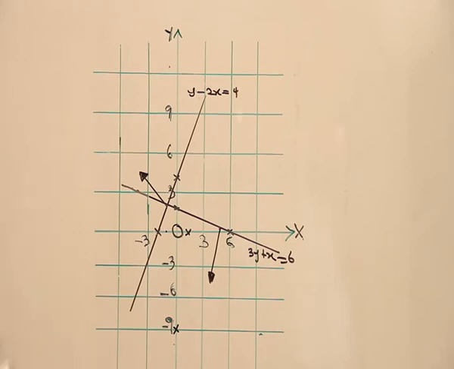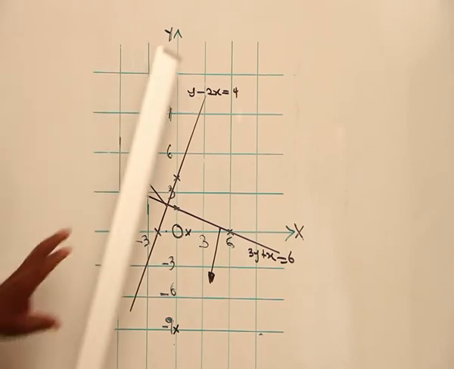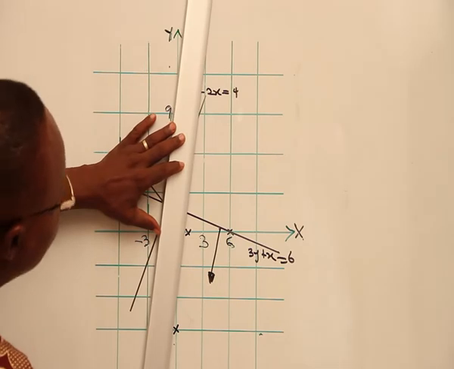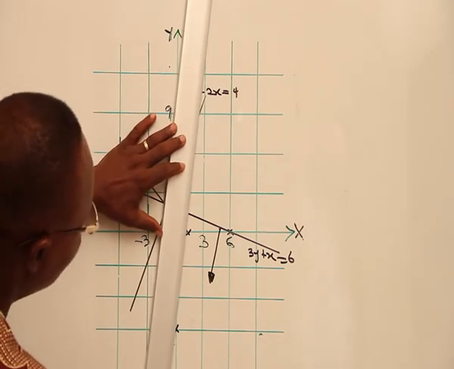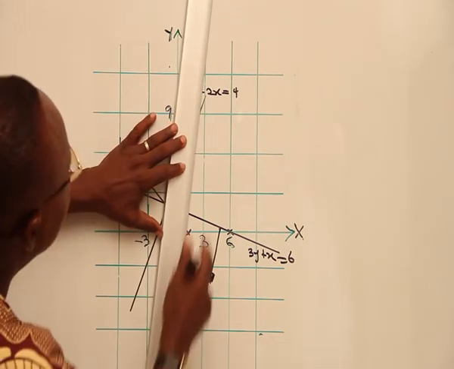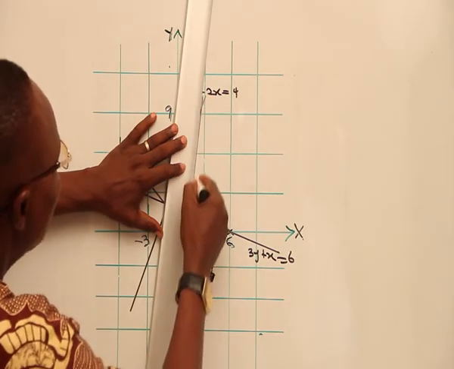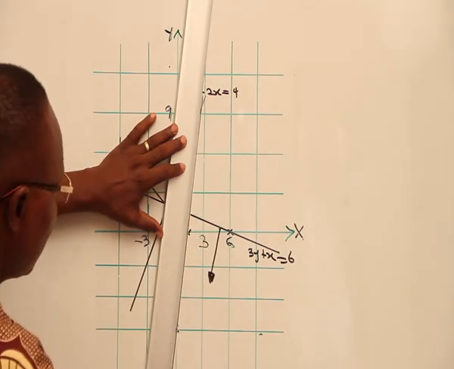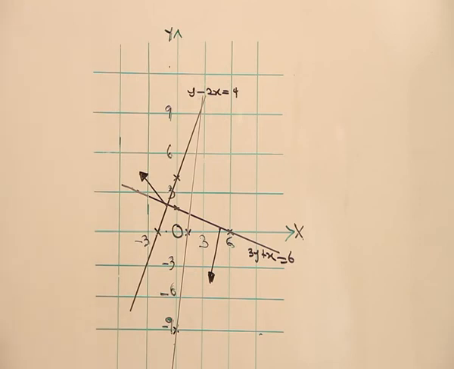So what do you do in this case? We will now take our ruler once more and then join this together. Watch it carefully. We join this together. It goes like this. Alright. We have done that. Then let us now indicate where the solution does not lie. If our s is 0 and y is 0, what do we have?